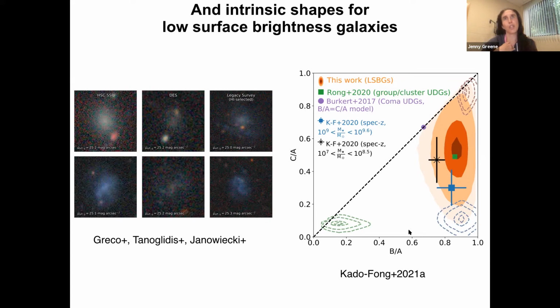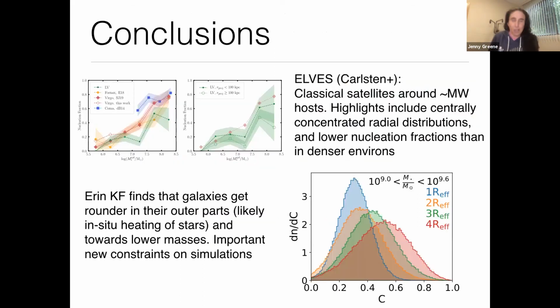So that's a sort of interesting result. It's true for the ultra diffuse galaxies in rich environments, but it's also true for blue star forming super low surface brightness galaxies. I'm not sure what that tells us as far as what's the most likely formation path for these super low surface brightness galaxies, but it is quite interesting.